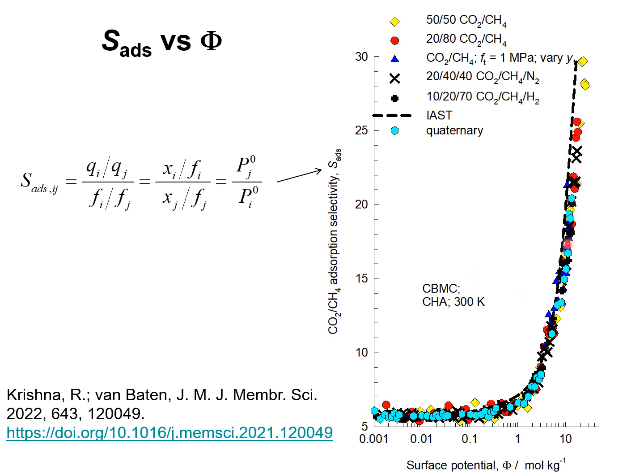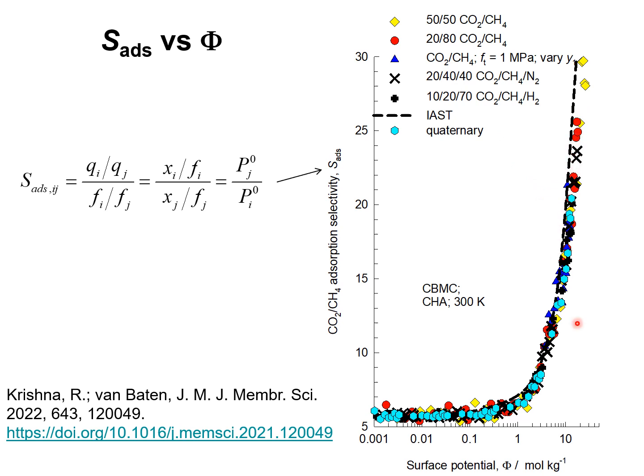The red circles represent 20-80 CO2-CH4 mixtures. The blue triangles represent mixtures of CO2 and methane in which the total fugacity is held constant at 1 megapascal, and the composition of the mixture is varied from 0 mole fraction CO2 to a mole fraction of unity for CO2.